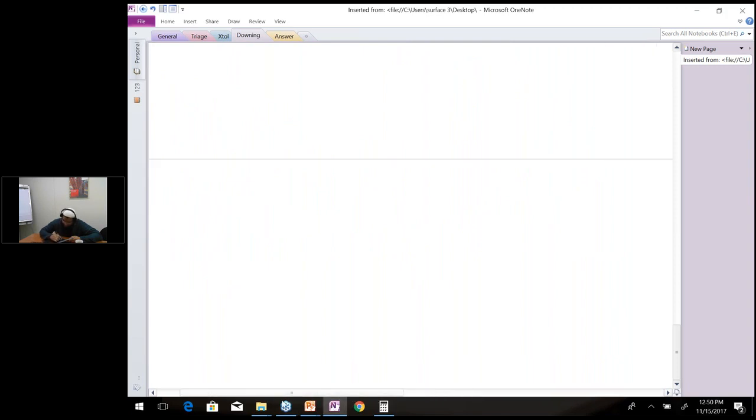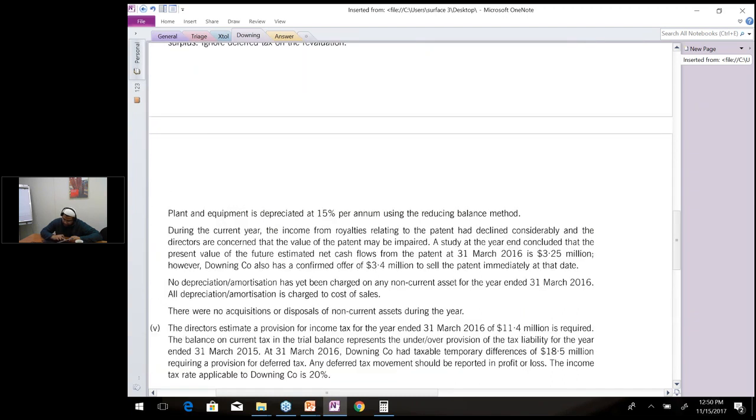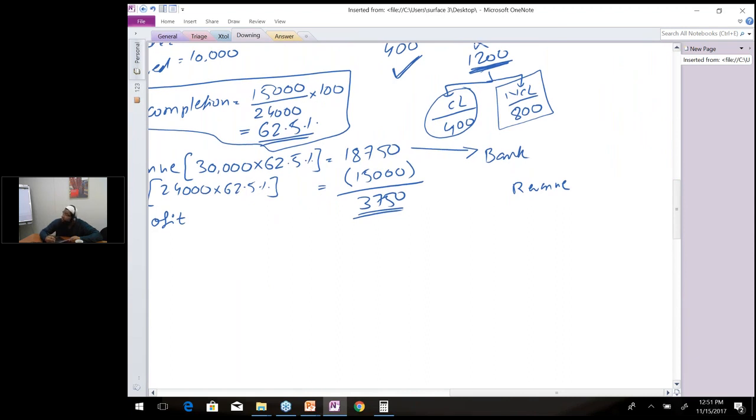Okay, yes, now we are at the right place. So the revenue will be recorded at 18,750. And the cash that we have received is 15,000. So the remaining 3,750 is the contract asset.